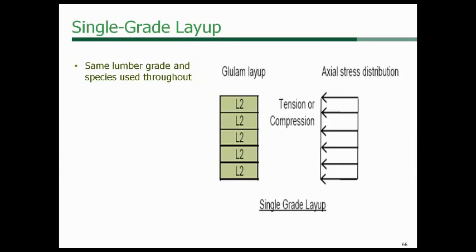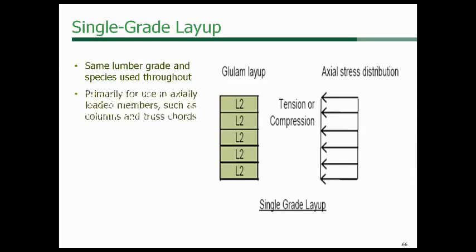There is another layup that is sometimes used, and that's a single grade layup. It's commonly used for instances where the stress distribution is axial, so you have the same stress throughout the cross section.